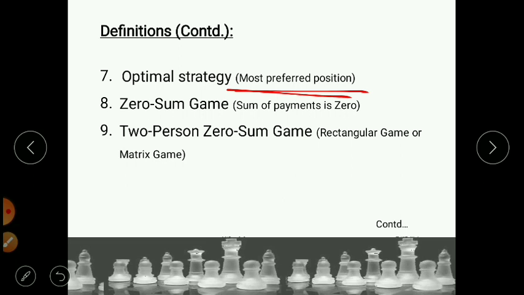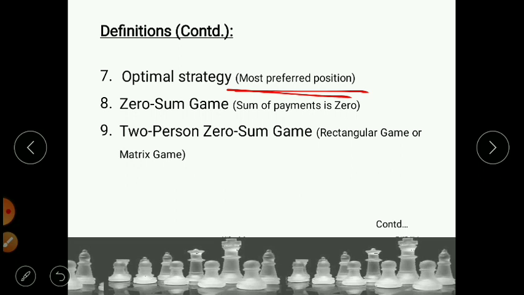Now, what if there is a movement or an occurrence in the game which is not leading to the optimal strategy? That is nothing but a deviation, and any deviation from this optimal strategy would reduce the player's payoff.